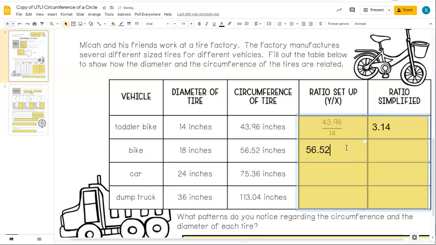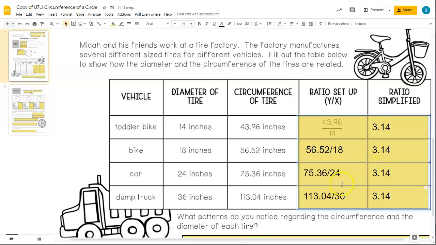We've got 56.52 divided by 18, and again, that is 3.14. The next one, 75.36 divided by 24, is 3.14. And then 113.04 divided by 36 is 3.14.